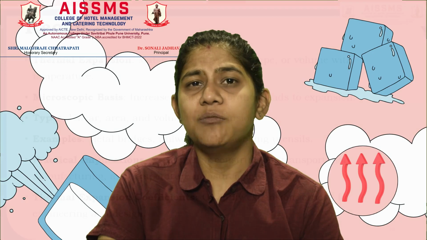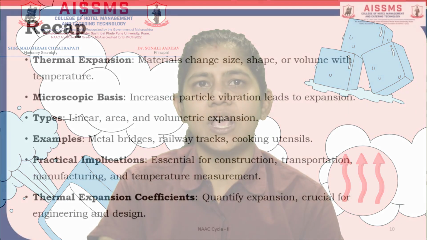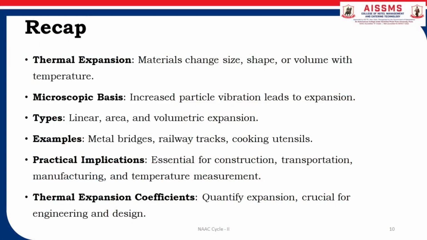There are three main types of thermal expansion: linear, area, and volumetric. Linear expansion occurs when a material expands or contracts in one direction. Area expansion occurs when a material expands or contracts in two dimensions. Volumetric expansion occurs when a material expands or contracts in all three dimensions.